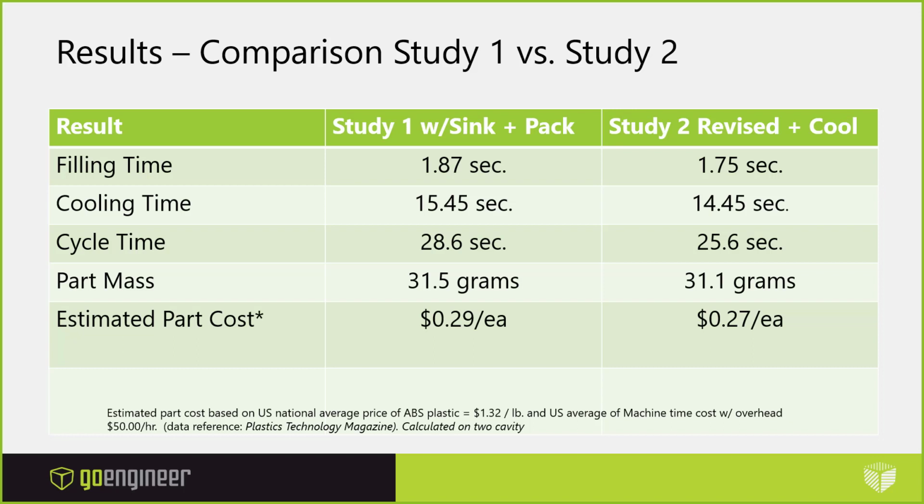I was able to decrease my cooling time on my part by a second or so, and the other difference is the additional packing time and packing phase that I added. Very little difference in part mass when we're packed out, but that difference is where those sink marks were. So I have an estimated part cost of 29 cents versus the 27-cent part cost.